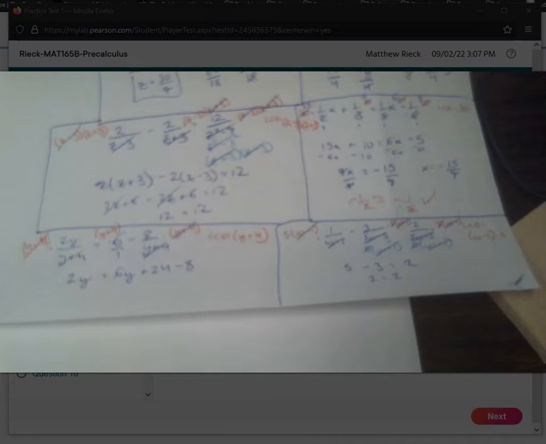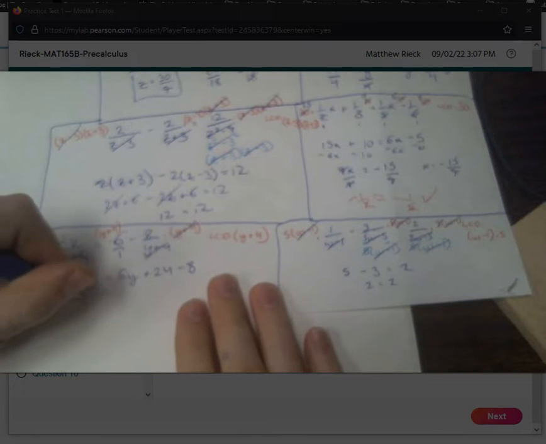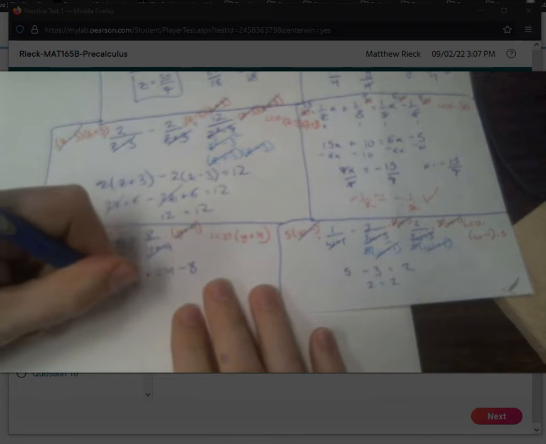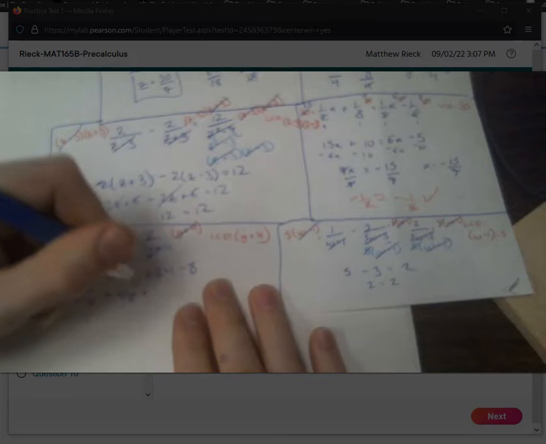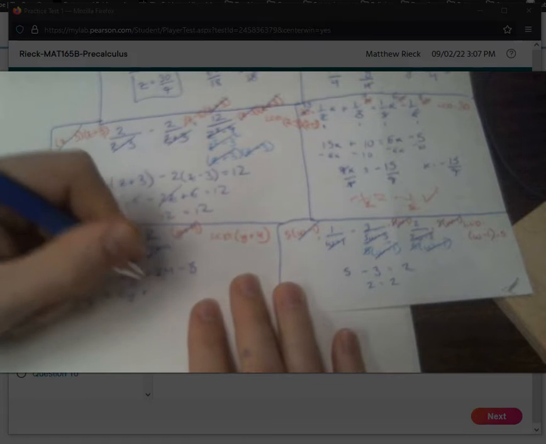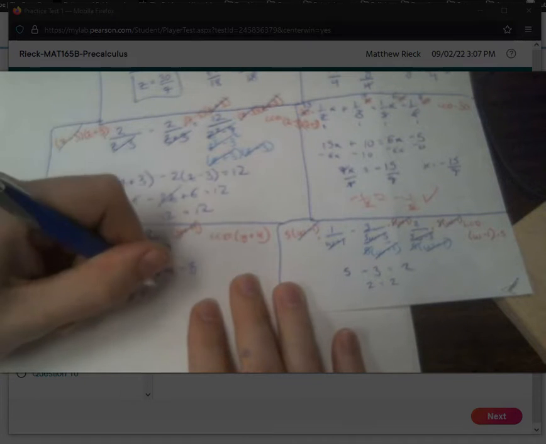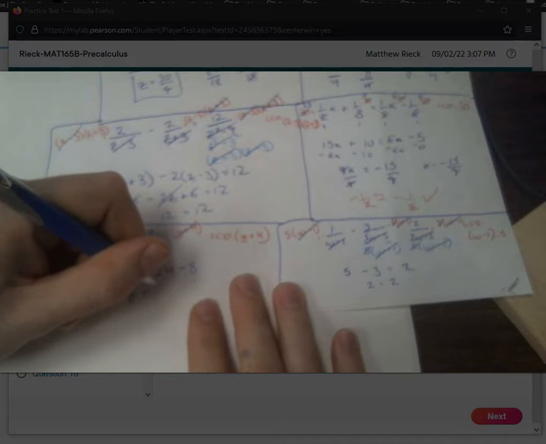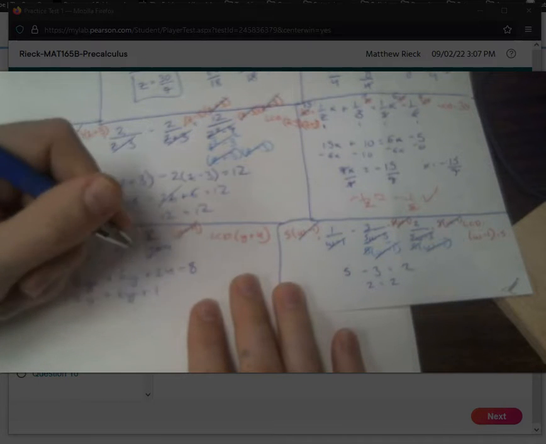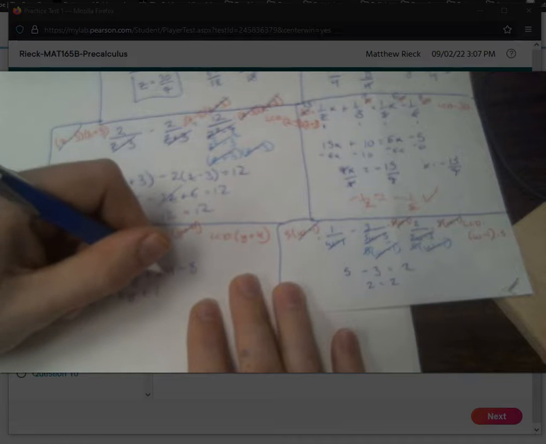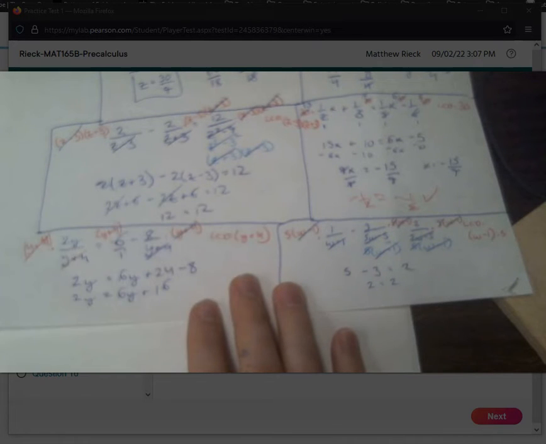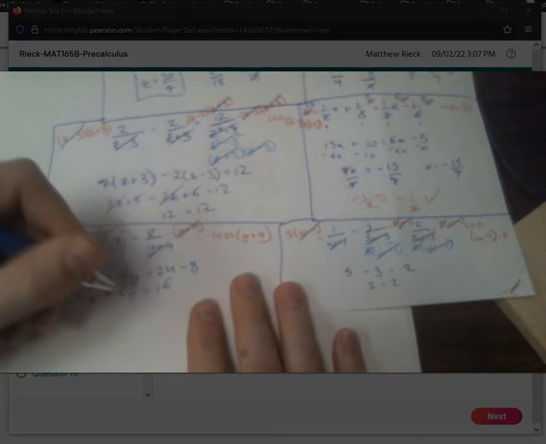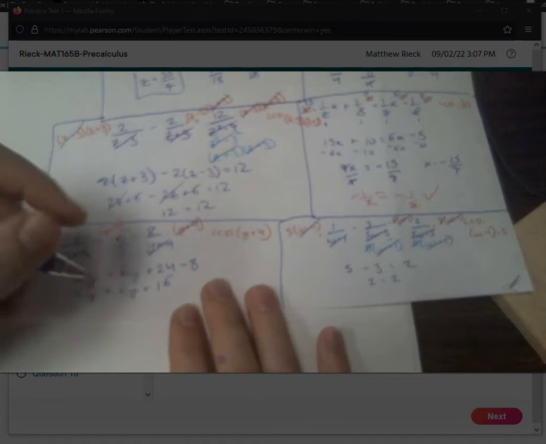So we have 2y equals 6y plus 24 minus 8 would be, let's see, 24 minus 8 would be 16, I think. It's embarrassing that I don't know that. Yeah, okay. For some reason, I was just second guessing myself.